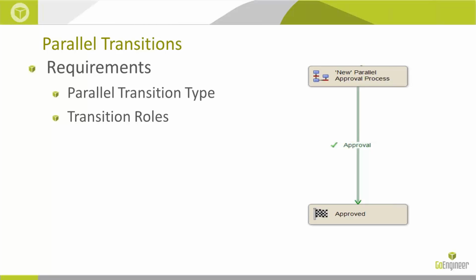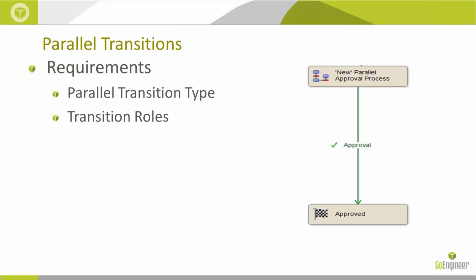We accomplish this by introducing a new concept into our permission schema, and it's called a role. And the role is only available in the parallel transition type. And they allow you to define how many users must approve for that particular role before the transition is allowed to complete.